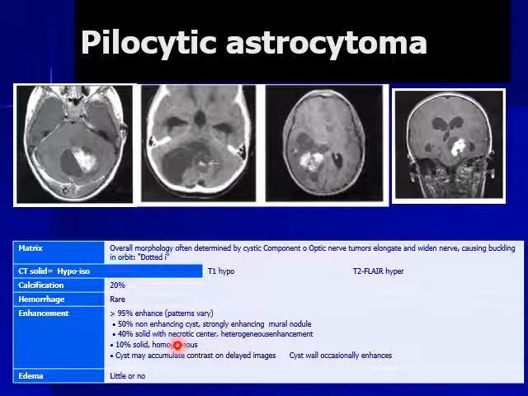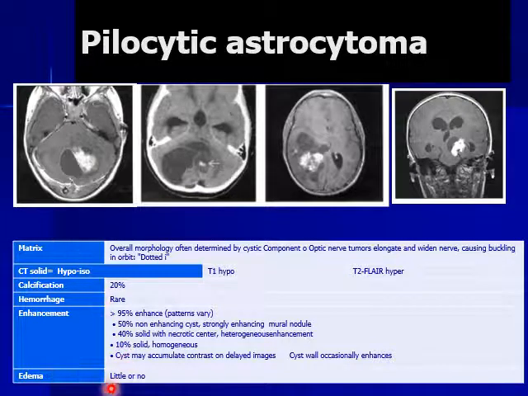It can simulate glioblastoma multiforme, and we will explain this in the coming slides. In 10% it is just a solid lesion, and the cyst may accumulate contrast on delayed images. The cyst wall usually enhances.